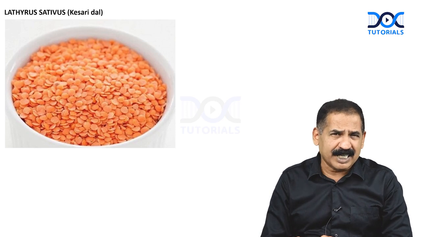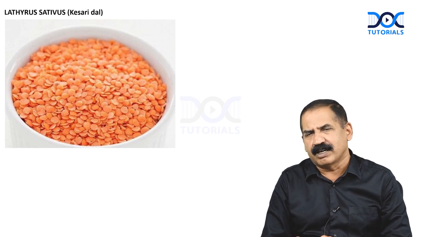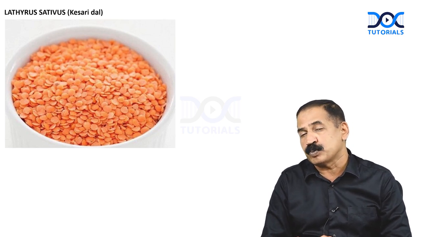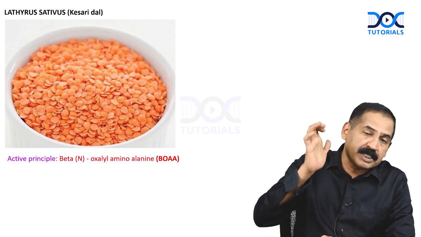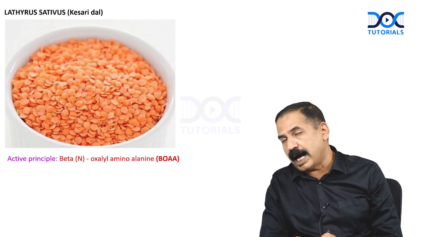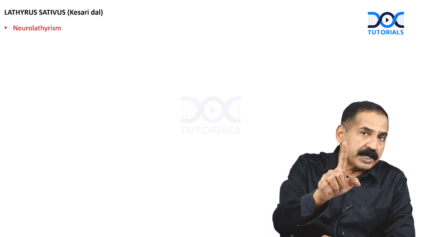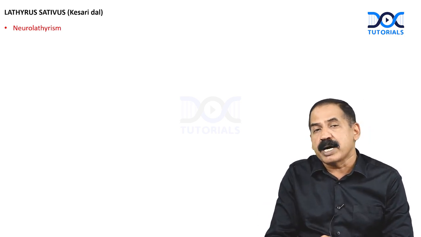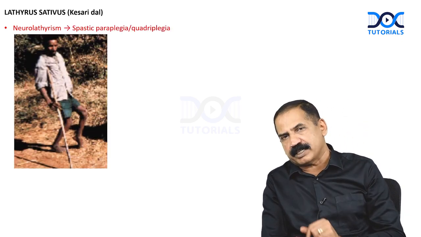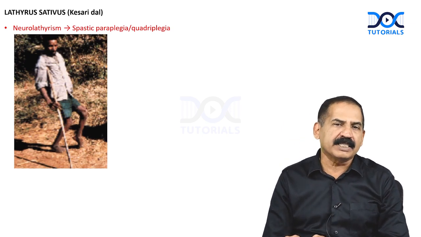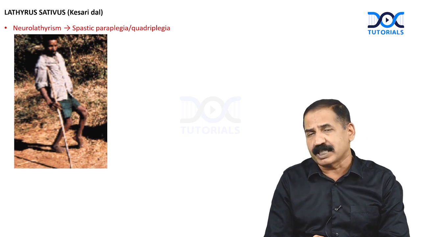Poor people, especially during drought or in case of crop failure, instead of our regular dal, tur dal, may consume kesari dal excessively, which contains an active principle beta oxalyl amino alanine, BOAA, which gives rise to a condition called neurolathyrism, where it gives rise to spastic paraplegia or spastic quadriplegia. That is known as lathyrism or neurolathyrism.